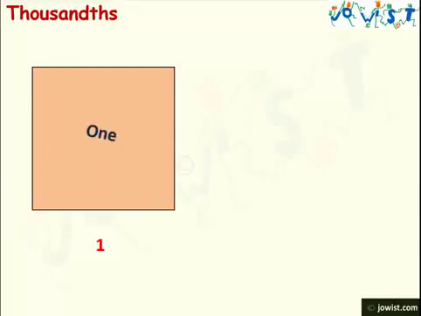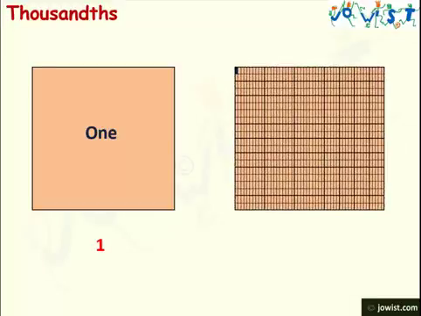Look at this figure. This is a square and it represents 1 or a whole. This square on the right hand side is divided into 1000 small rectangles, 50 equal columns and 20 equal rows, which means 50 into 20, that is 1000 small rectangles.